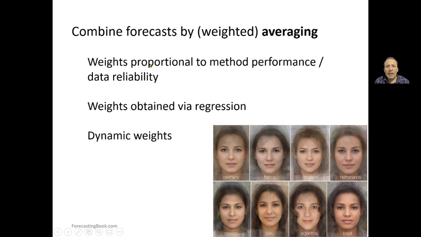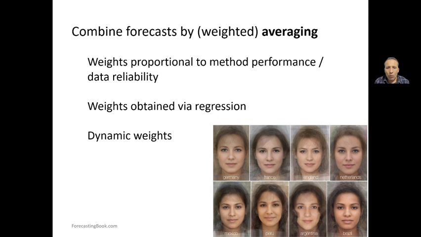So if we combine forecasts, we can weight them. Averaging, for instance, is a method. The weights are proportional to method performance and data reliability, and the weights can be obtained via regressions.